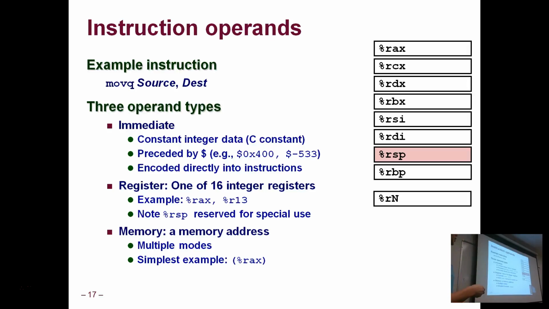This is equivalent to, in your program, if you use a C constant, for example, hex 400 or negative 533, then in your assembly code, as an operand type, you'll see $hex 400 or negative 533. That's how it specifies that in the assembly instruction.